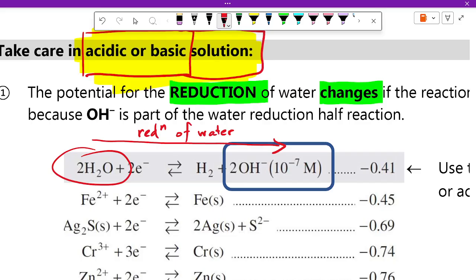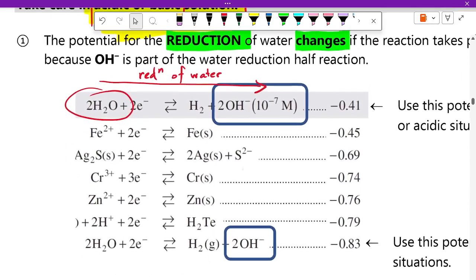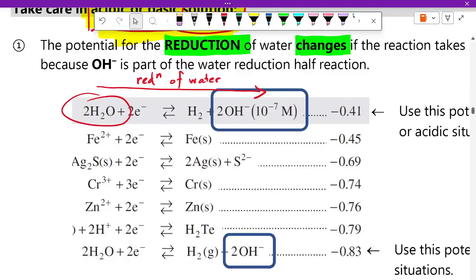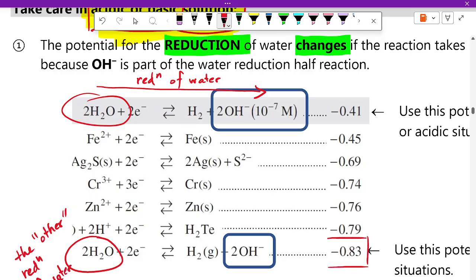Okay? So what will happen is if you have the reduction of water and it's in basic solution, you have to drop down to the other reduction of water, which has a less favorable voltage.